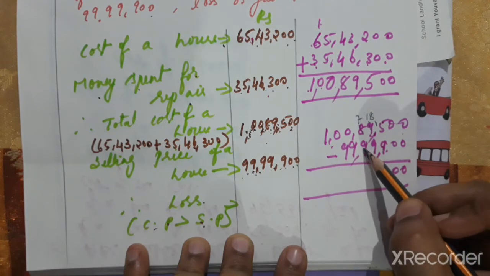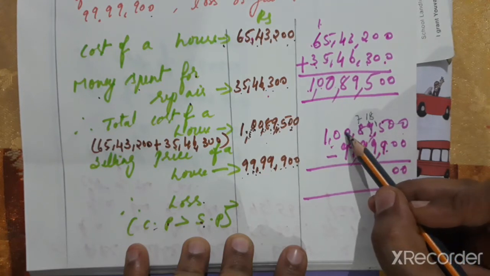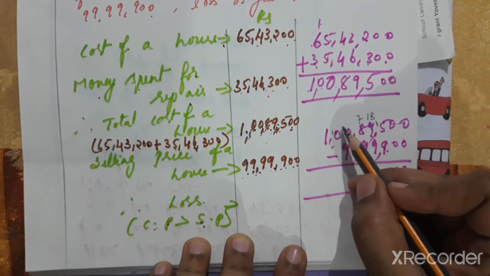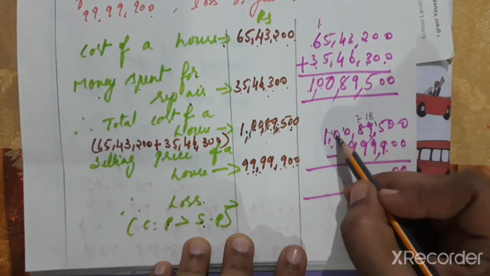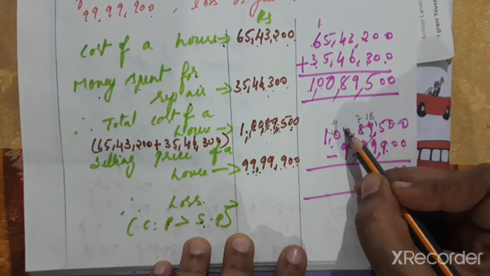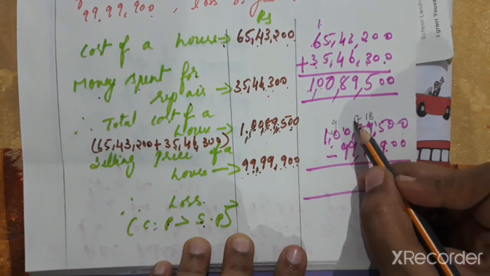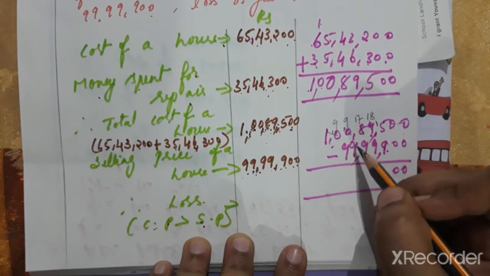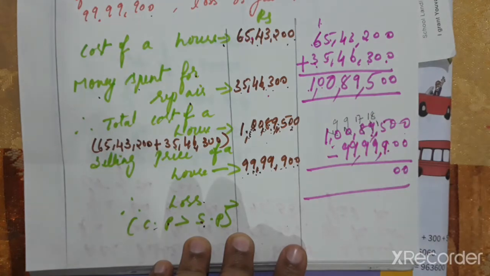Again 7 minus 9 we can't subtract. Borrow 1 from the next number. Here 0, we can't get 1 here, here also 0. Borrow 1 from here, so this will become 10. Out of 10, 1 goes here and this 10 will become 9.